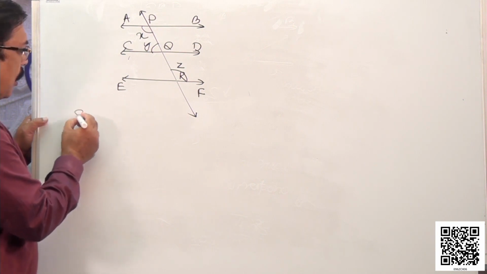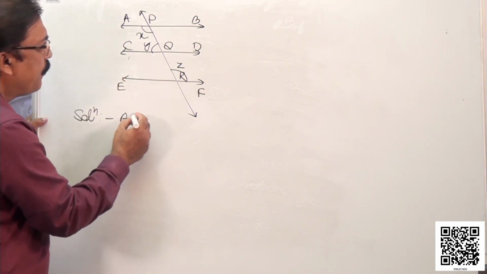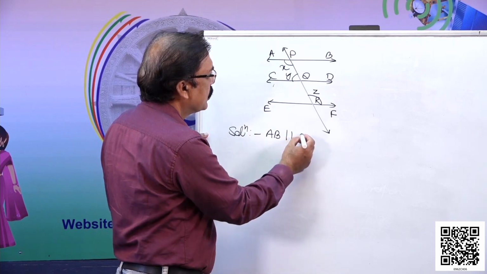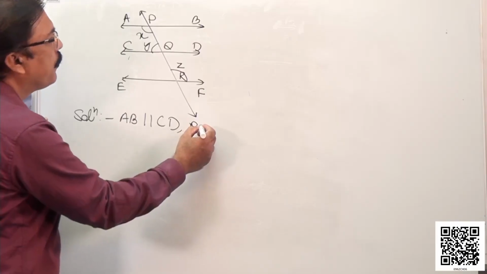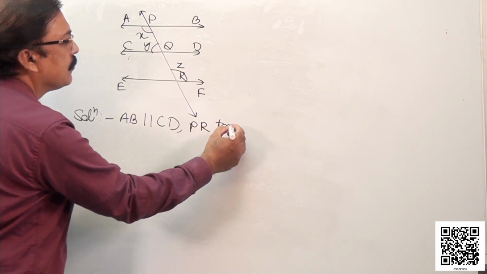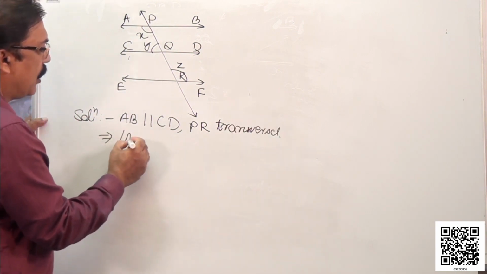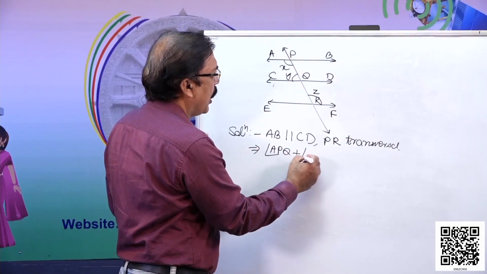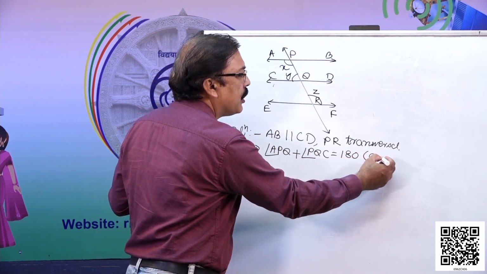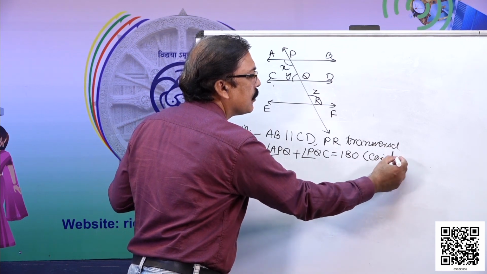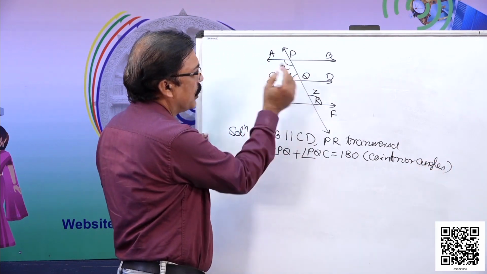Now, you see, as AB is parallel to CD, and PQ is a transversal, we can say that angle APQ plus angle PQC is equal to 180 degrees because these two are co-interior angles.